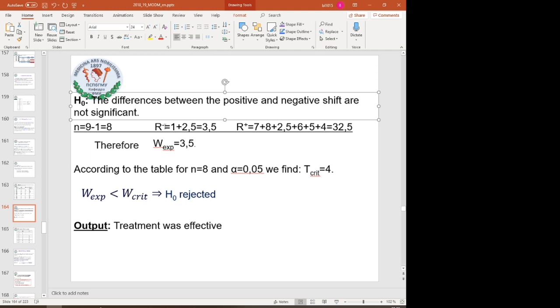Then R minus, for negative values of differences, there are only 2, and we summarize their ranks: 2.5 plus 1 is 3.5.